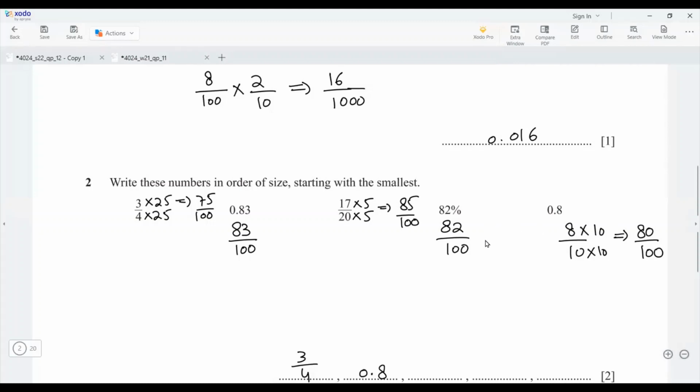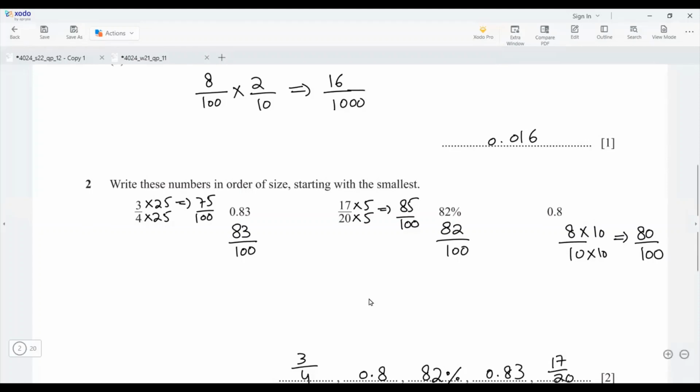It is basically 82. 82 over 100 is 82%, so we write 82%. At the third spot, after 82, it is 83, and 83 over 100 is 0.83. So write 0.83 at this position. And the last one, 85 over 100, is given as 17 over 20. That is the biggest number among all of these numbers.